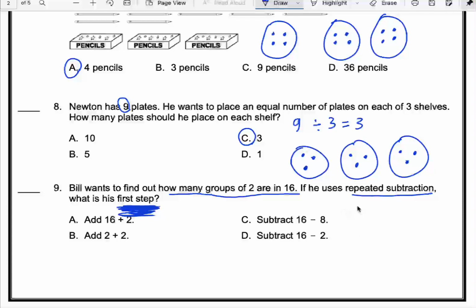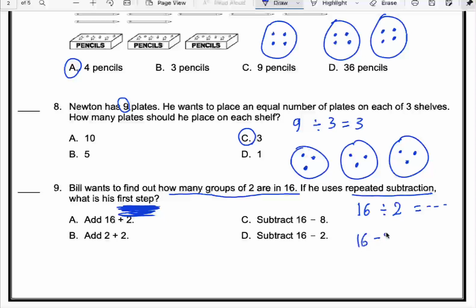So we need to divide the 16 into groups of size 2. So we divide 16 into groups of the size 2. Okay, let's do it using subtraction, repeated subtraction. I know, but it is hard, of course.